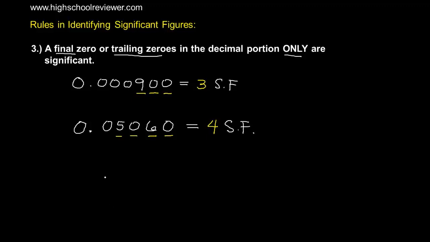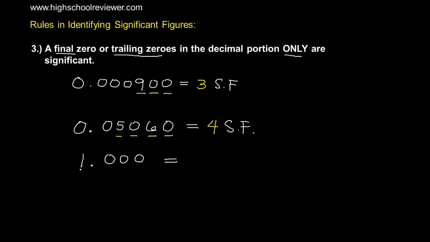And let's have another example. We have here 1.000. Now, we have here the 3 zeros. Although they are in the same position as these zeros that are not significant, again, they are after a significant number.